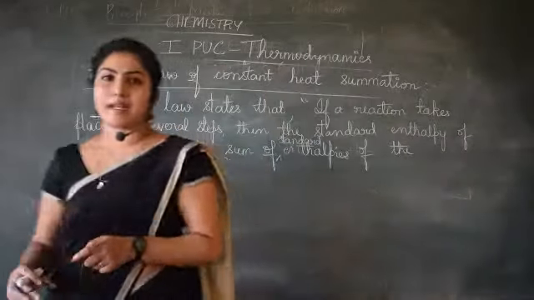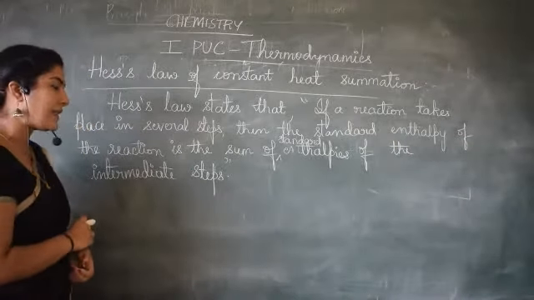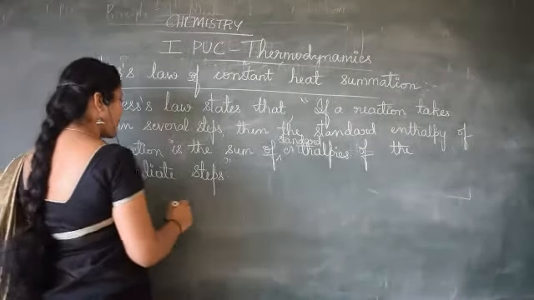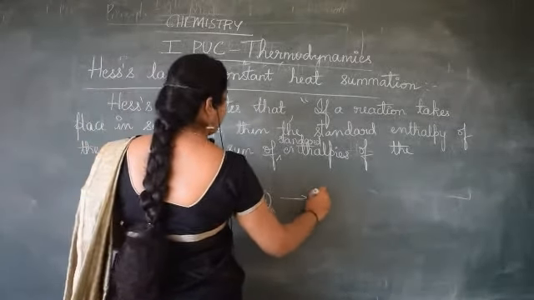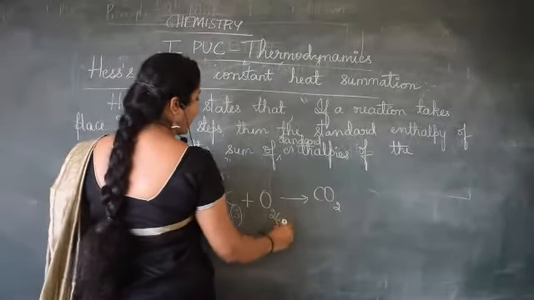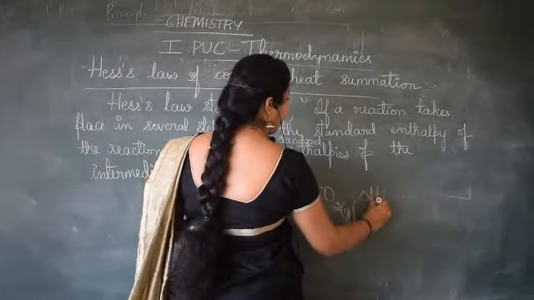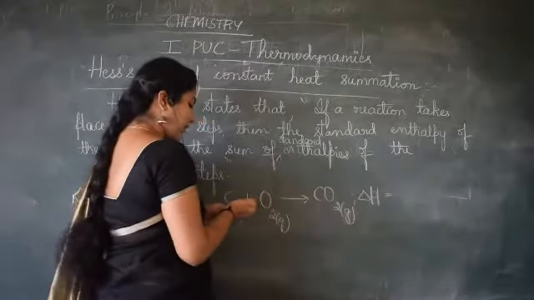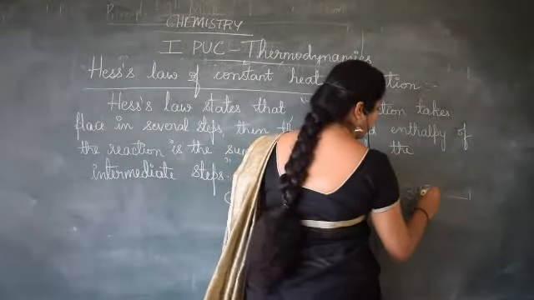Now let us consider an example for this. Consider formation of carbon dioxide, C plus O2 forming CO2. Here carbon is in its solid state, oxygen in gaseous state, and carbon dioxide in gaseous state. The delta H value here is minus 393.5 kilojoule.